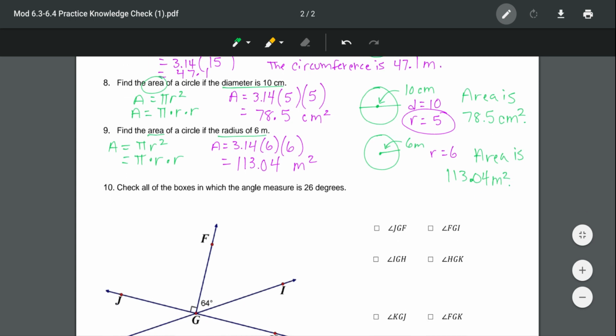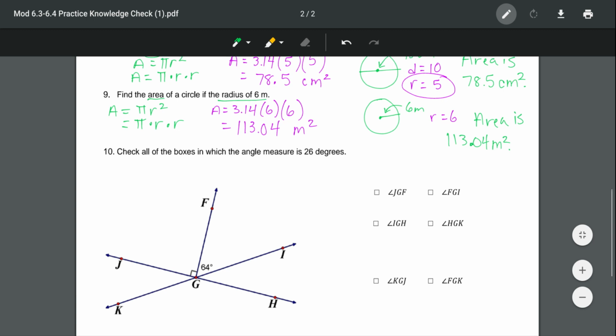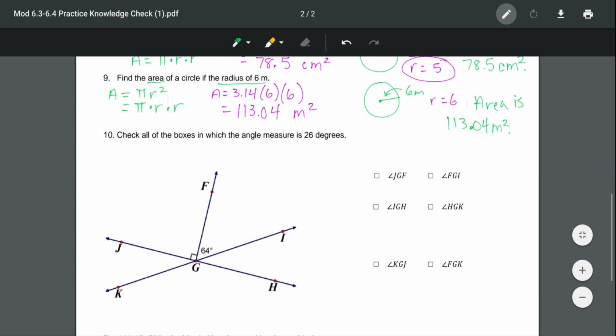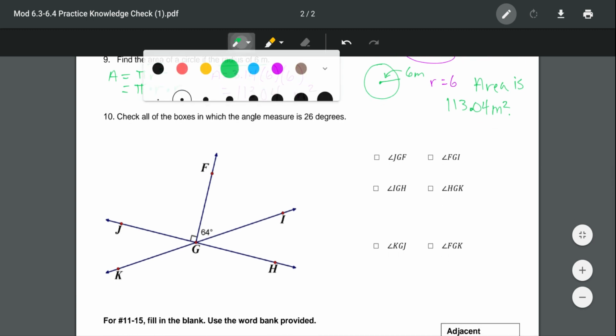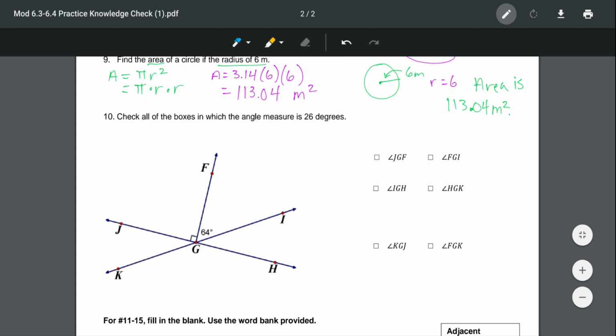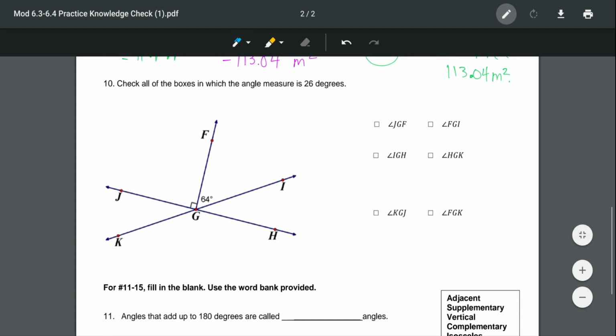Okay, so for number 10, it says to check all of the boxes in which the angle measures 26 degrees. First we need to figure out the angle measurements, so it's easier to do that first and then check them off.